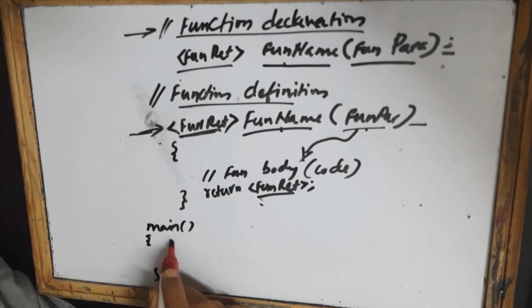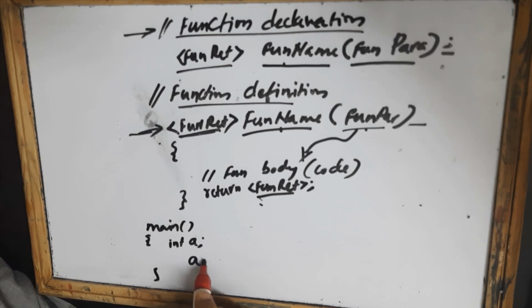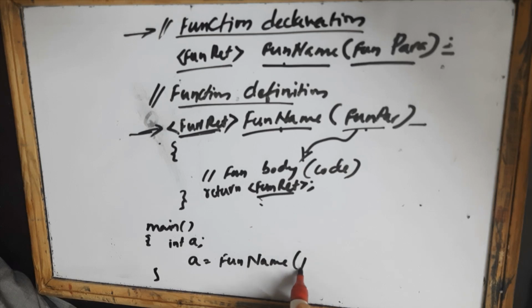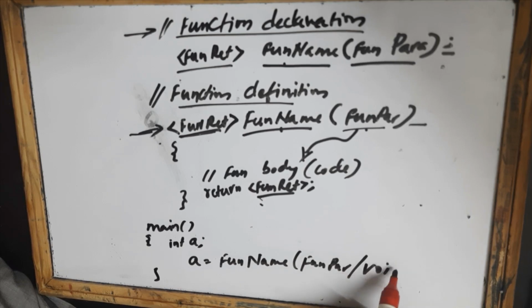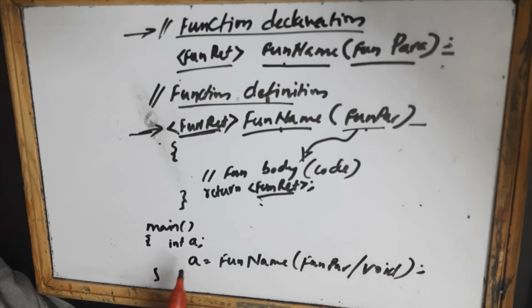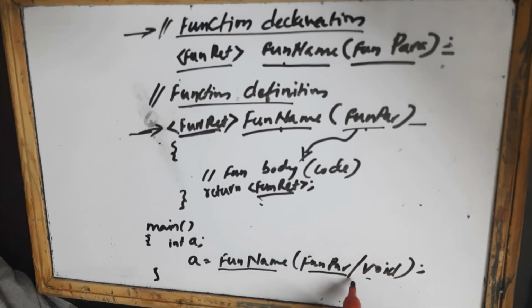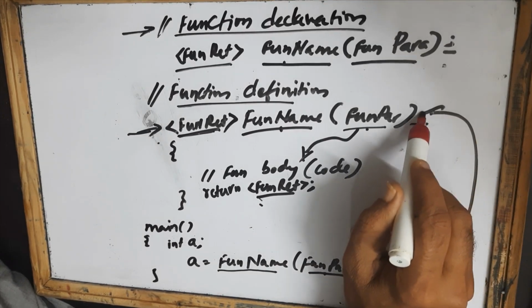Say for example, int a is equal to function name, function parameter, void right here, and semicolon. So in the main function, you call the function, whenever you call this function along with function parameters, if there are any, otherwise with void, and this function will be called.